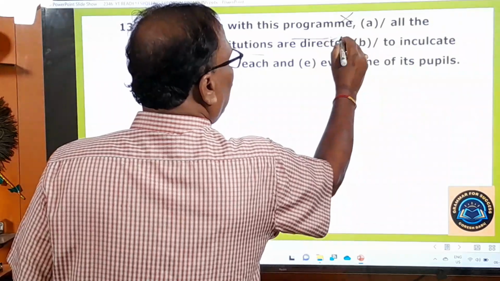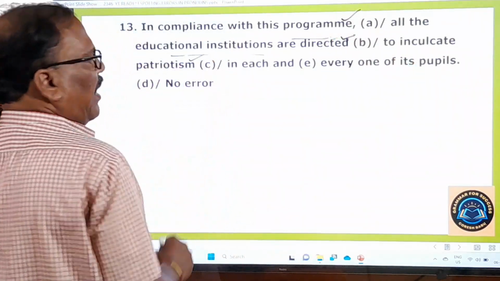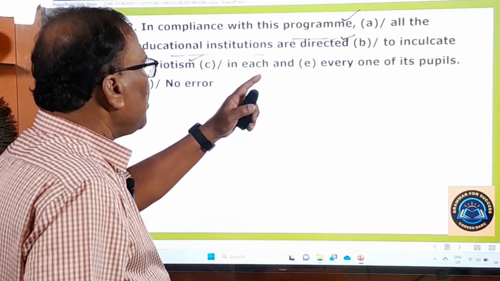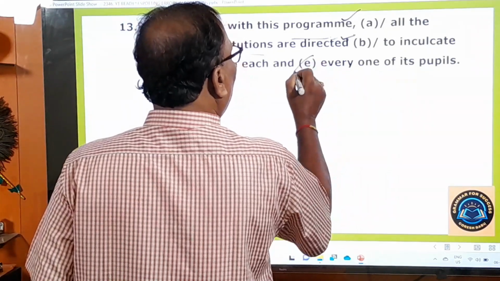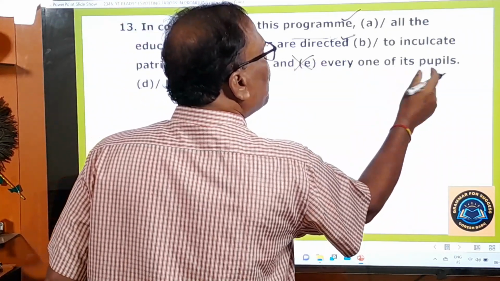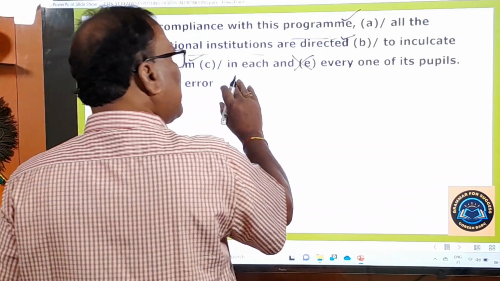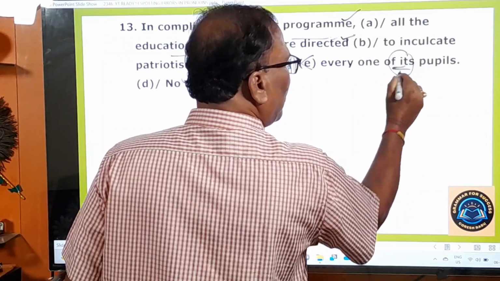To inculcate patriotism, okay. A, B, C, no mistakes at all. And let us observe this D part: in each and every one of its pupils. Here, what mistake is there? "In each and every one of its pupils" is not correct.